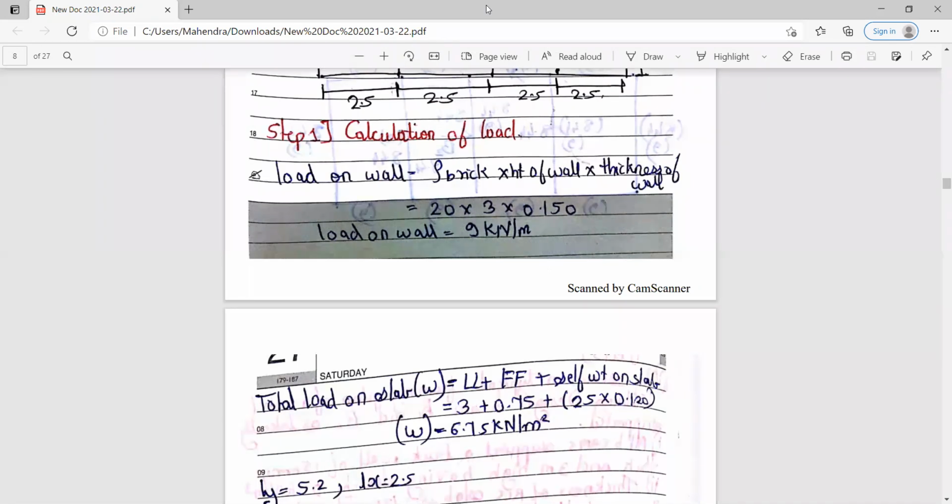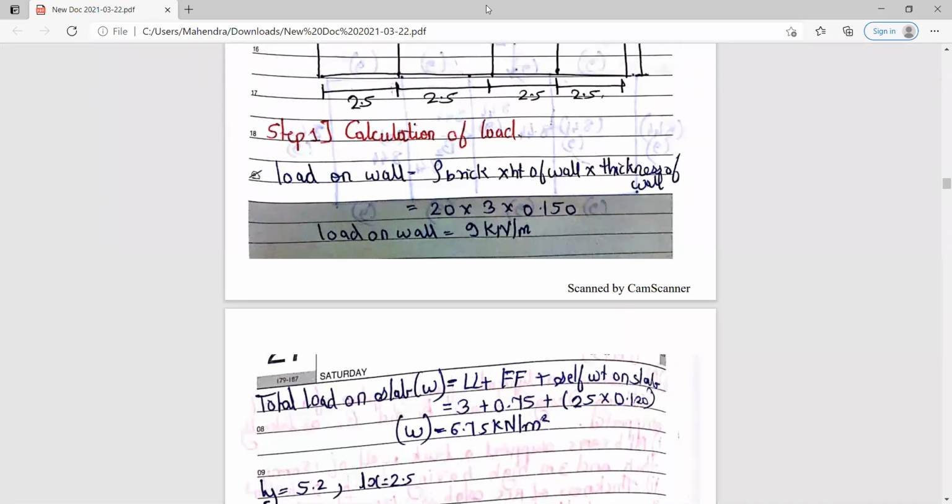The density of the brick is already given, that is 20. What is the height of the wall? In the question, the height of the wall is 3 and the thickness of the wall is 0.15 meter. So the total load on the wall comes out to be 9 kilonewton per meter.